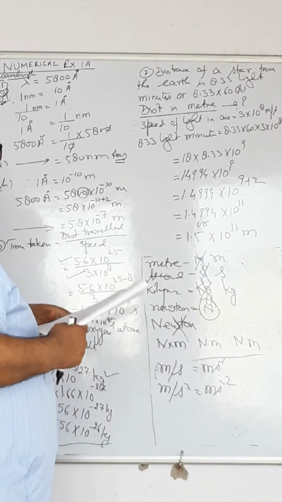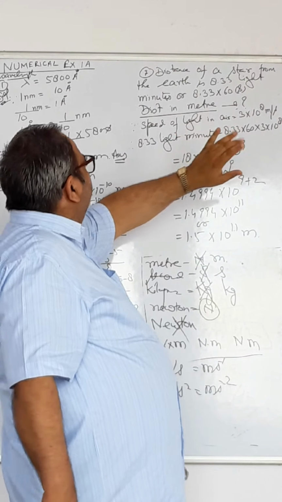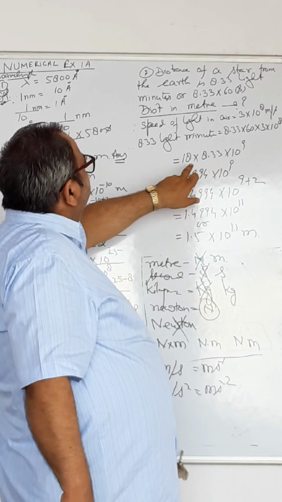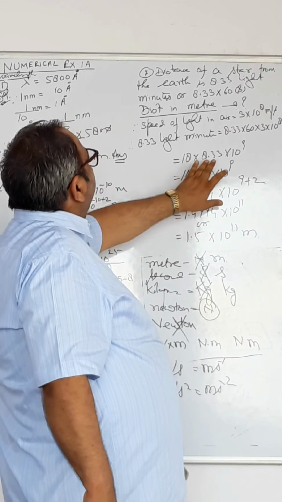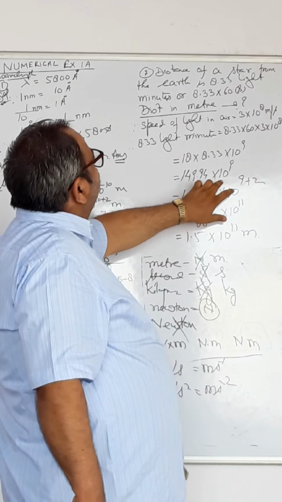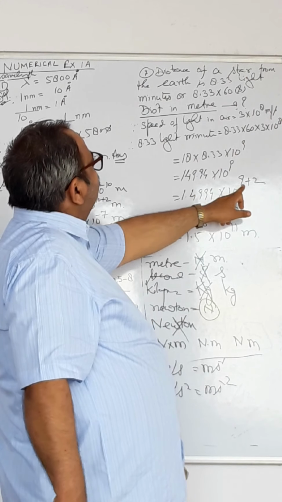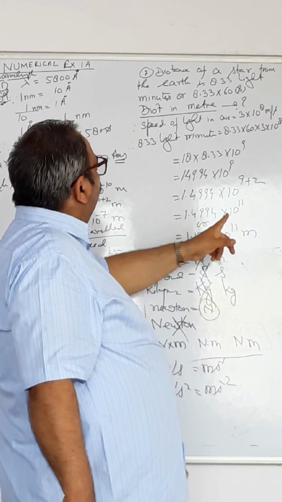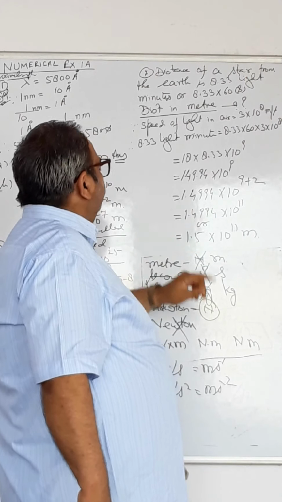Now, distance in meter. The speed of light is 3 × 10^8 meter per second. 8.33 light minute multiplied by this, it becomes 18 × 8.33 × 10^9, multiplying we get 149.94 × 10^9. Shift the decimal by 2 places, so it will be positive 2 powers here: 1.4994 × 10^11, or rounding off, 1.5 × 10^11 meter.